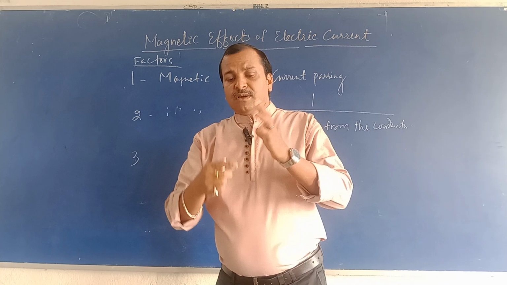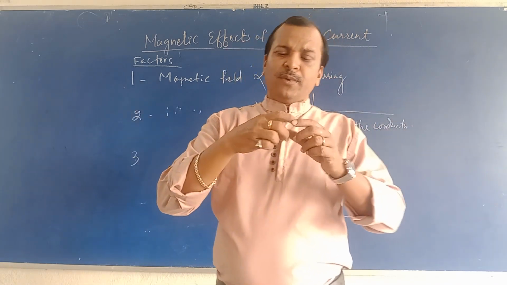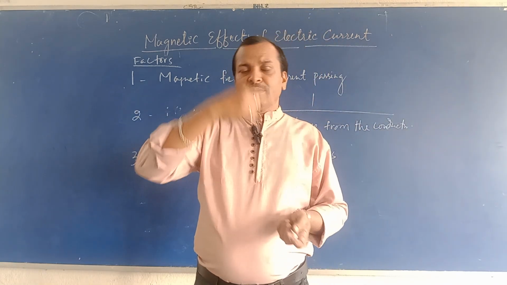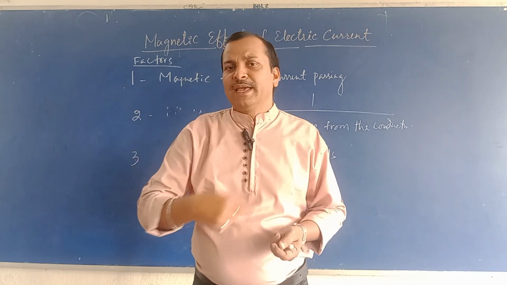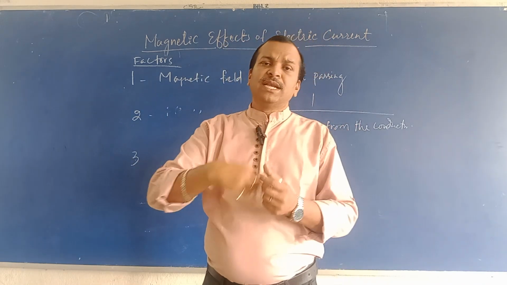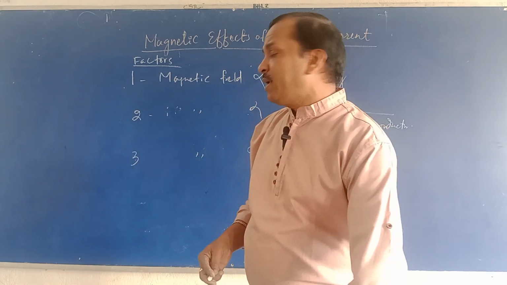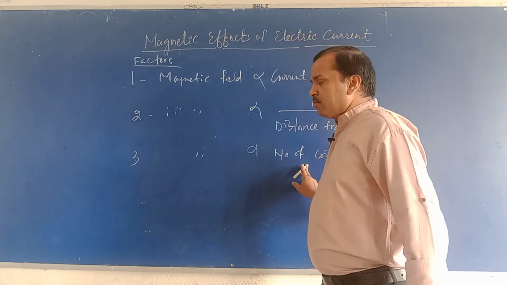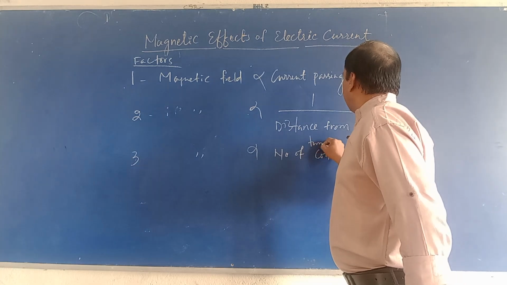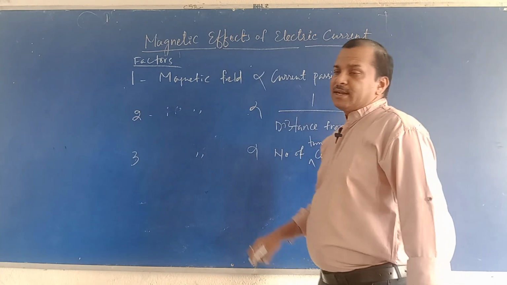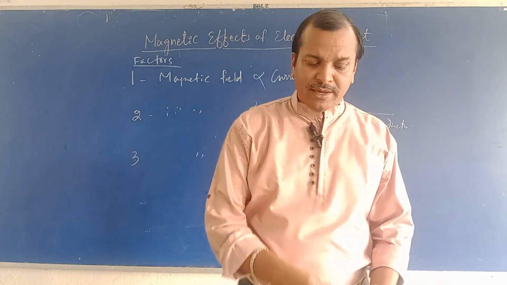A coil is a copper conductor made into a number of turns, in a circular or cylindrical shape. When the number of turns in a coil is more, the magnetism will be higher.